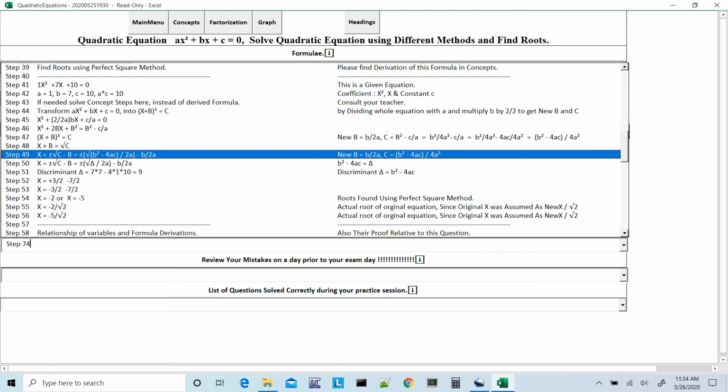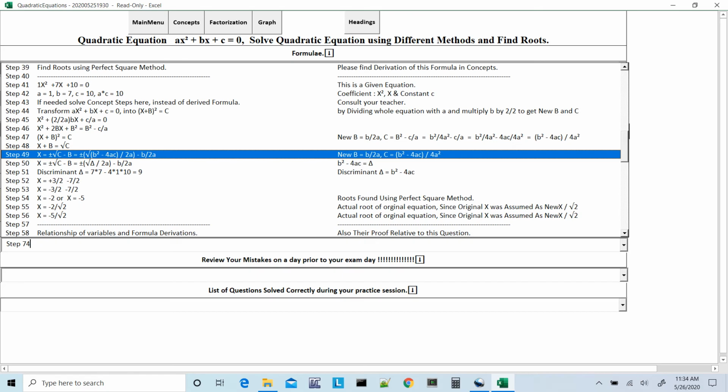Now in this case it has solved, and ultimately it found the answer as X is equal to minus 2 or X is equal to minus 5.